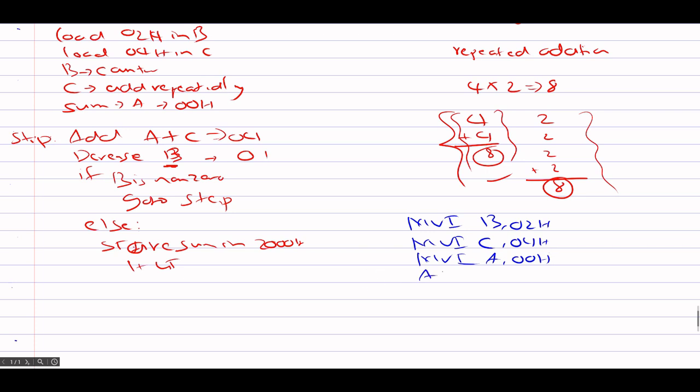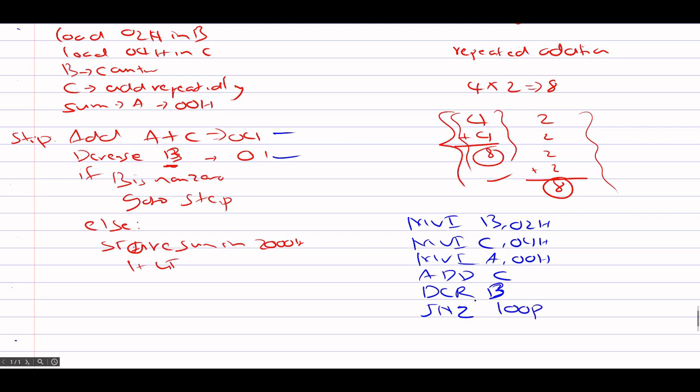Now we basically need to add A plus C, right? So we perform ADD C. Immediately after adding, we decrease our counter value, so DCR B. When we decrease our counter value, the updated value stays in register B, but the flag registers are updated. So we'll check if B has reached 0 or not. If B has not reached 0, we will use jump on non-zero, and then we'll go to some memory location.